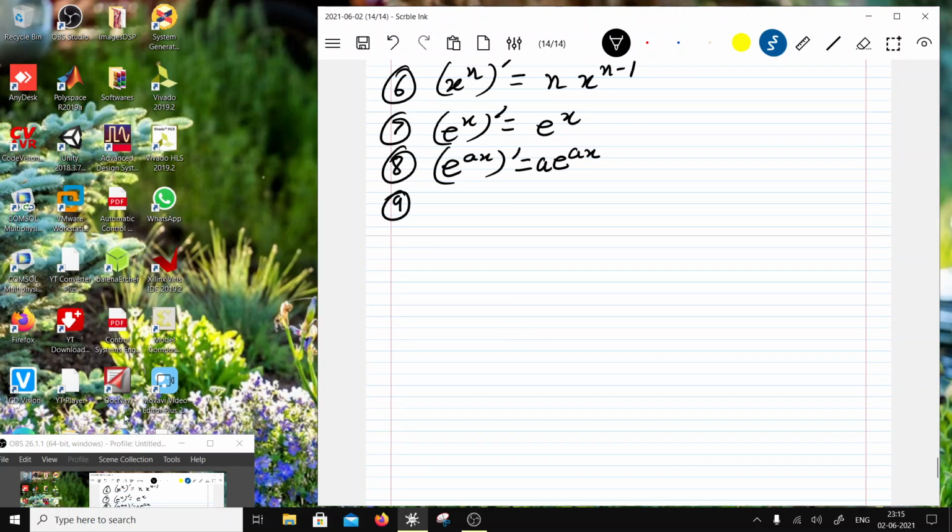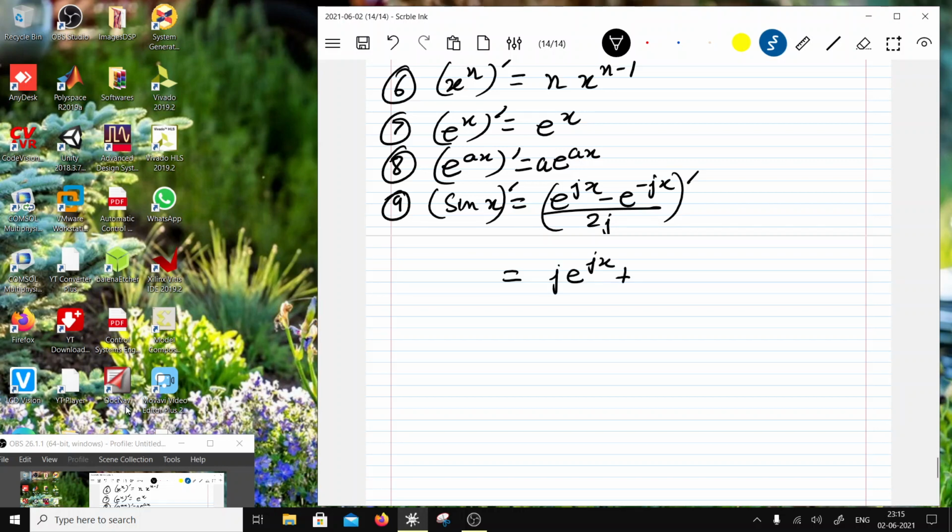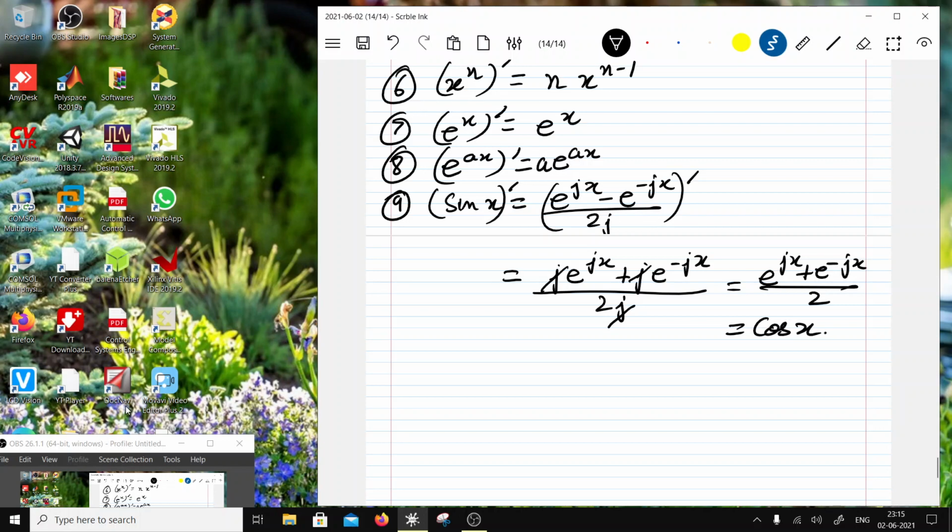Nine. If I have sine x, this can be written as e raised to jx minus e raised to minus jx divided by twice of j. So this would be the same as j e raised to jx plus j e raised to minus jx divided by twice of j. So this j would cancel. So I have e raised to jx plus e raised to minus jx by 2, which is the same as cos of x.